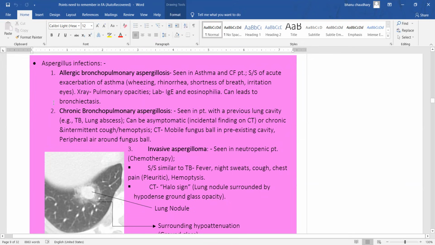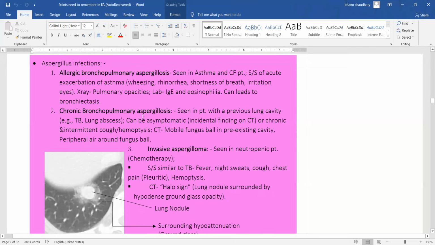Now, the invasive infections include a chronic bronchopulmonary aspergillosis, okay, which is seen in the patient. This is different. This is the fungus ball I was talking about, the chronic bronchopulmonary aspergillosis. What happens when you inhale the fungus? It will colonize the cavities which are formed by the TB or might be the lung abscess. You need to know that both TB as well as the lung abscess can form cavities, and these cavities can be colonized by the aspergillus.